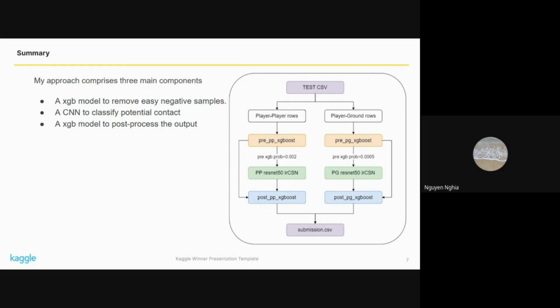I divided the contact into two types: player-to-player and player with ground. Then I applied the same pipeline to each type of contact and merged their predictions into one submission file and submitted to Kaggle.